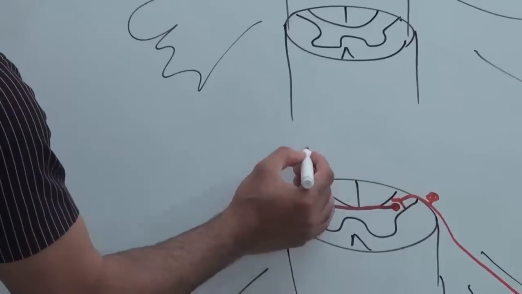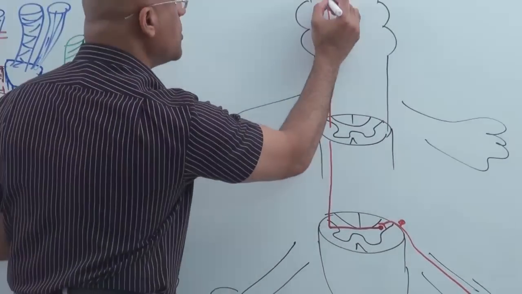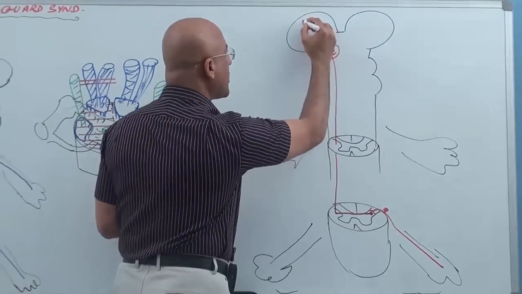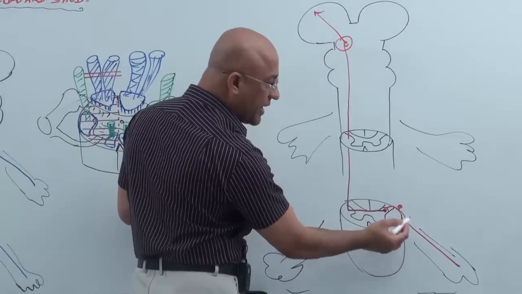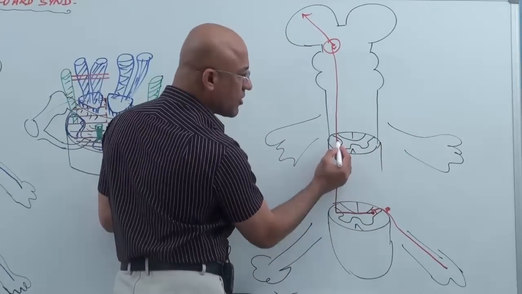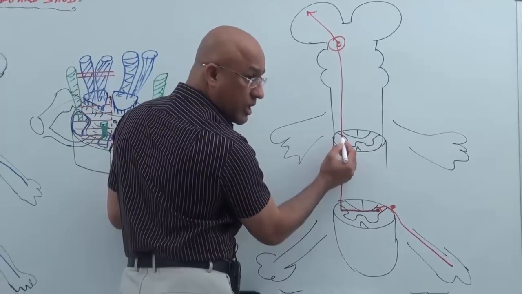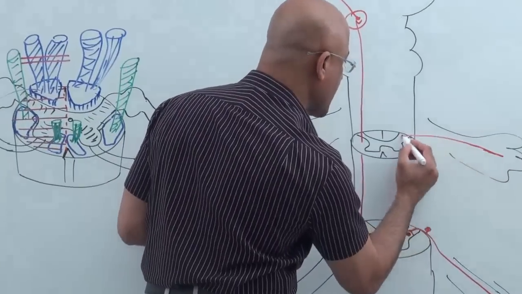And from here this fiber will go upward, right? They will end up in the thalamus, VPL nucleus, on the contralateral side. It means these pain and temperature fibers are ascending in what is this? Lateral spinothalamic tract, right?